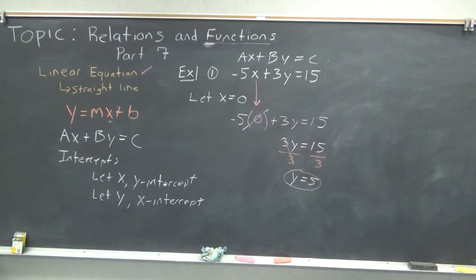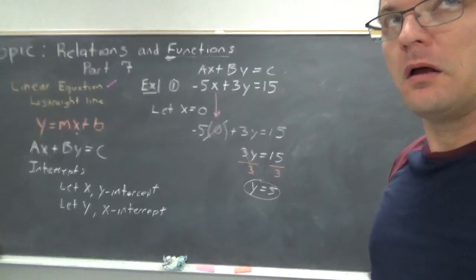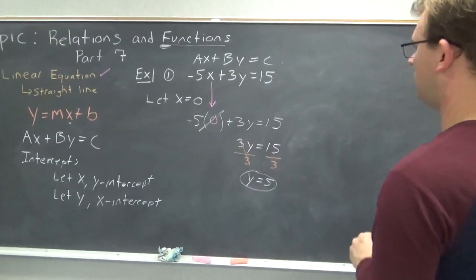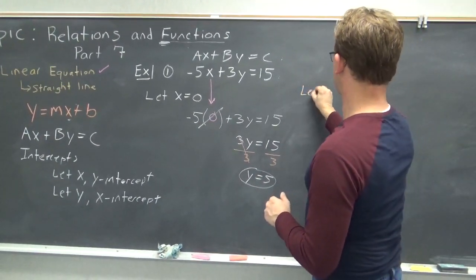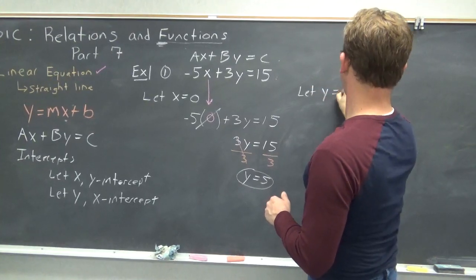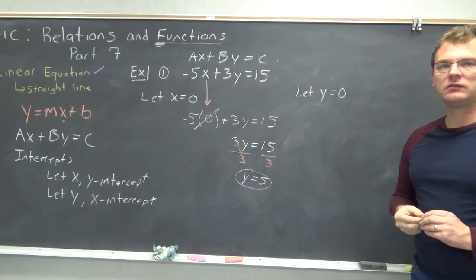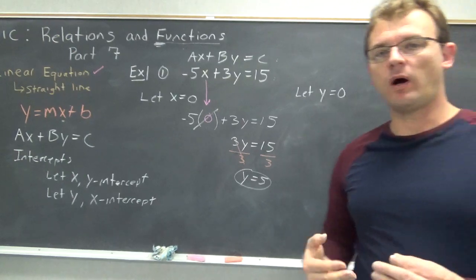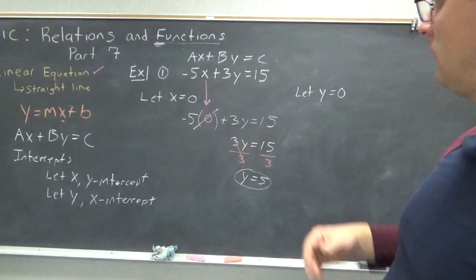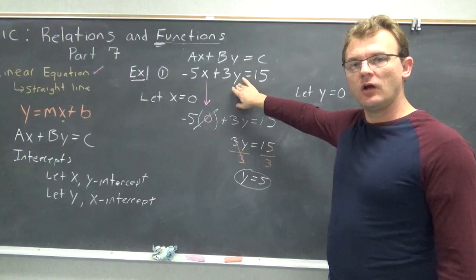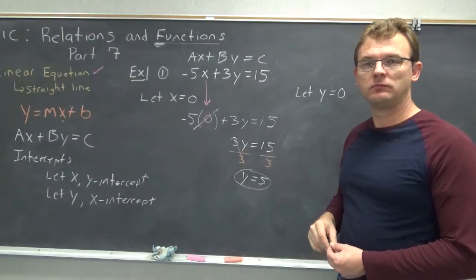You get 5. Now, let y be 0. If you let y be 0 for our same equation, what are we solving for?